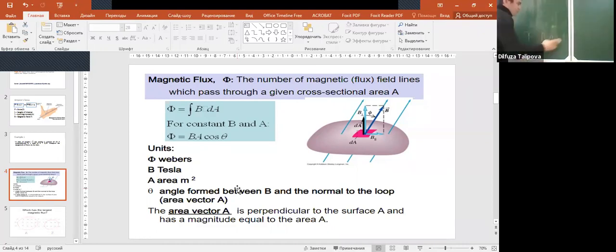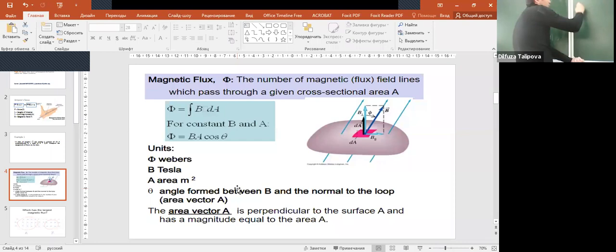And there is a question of why here the cosine of theta? Because as I told you before, this is the scalar product.